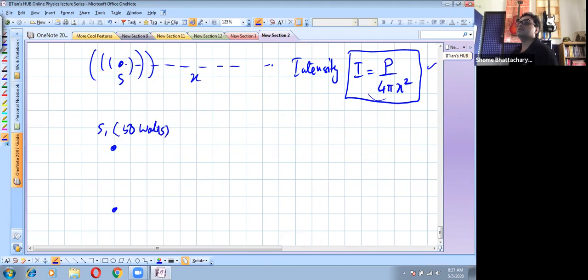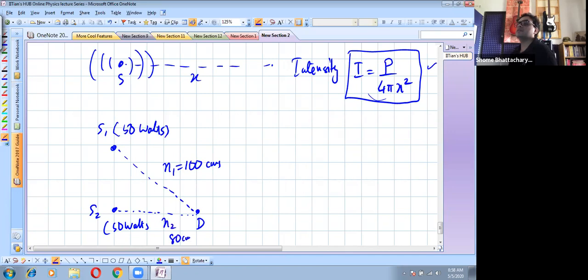S2 is also providing 50 watts power. But the position of the detector is at a different distance from each. So the individual intensity coming from S1 and S2: this is at a distance x1, 100 centimeters. This is at a distance x2 of 80 centimeters.